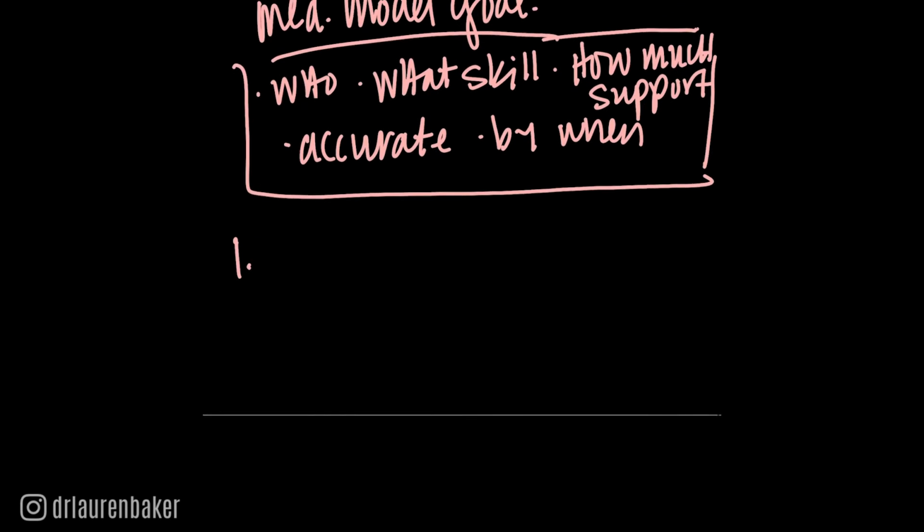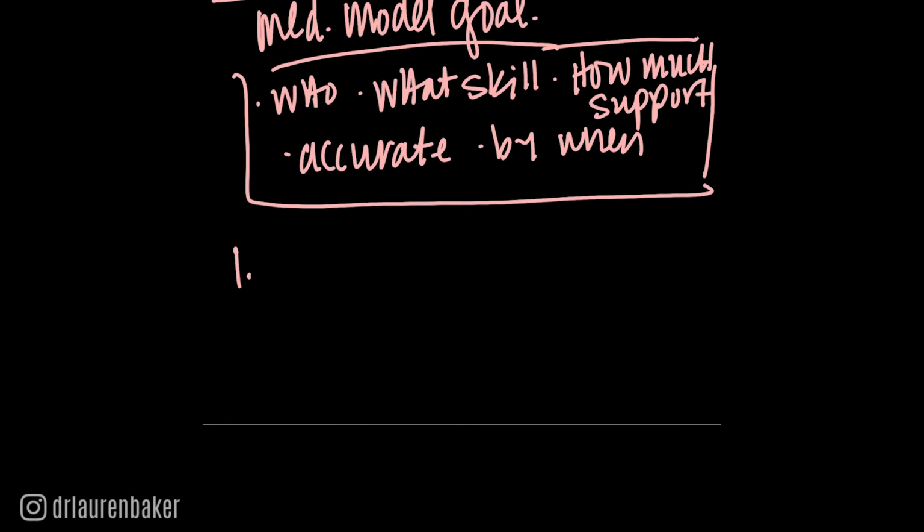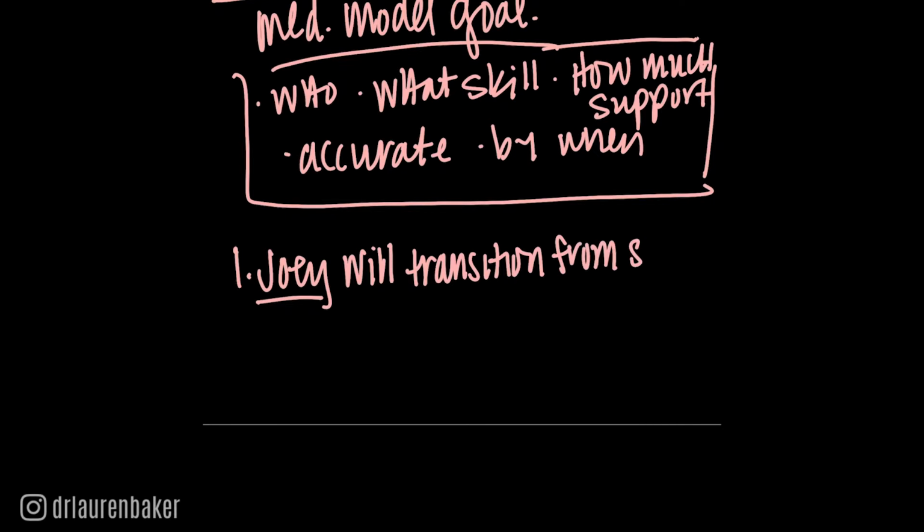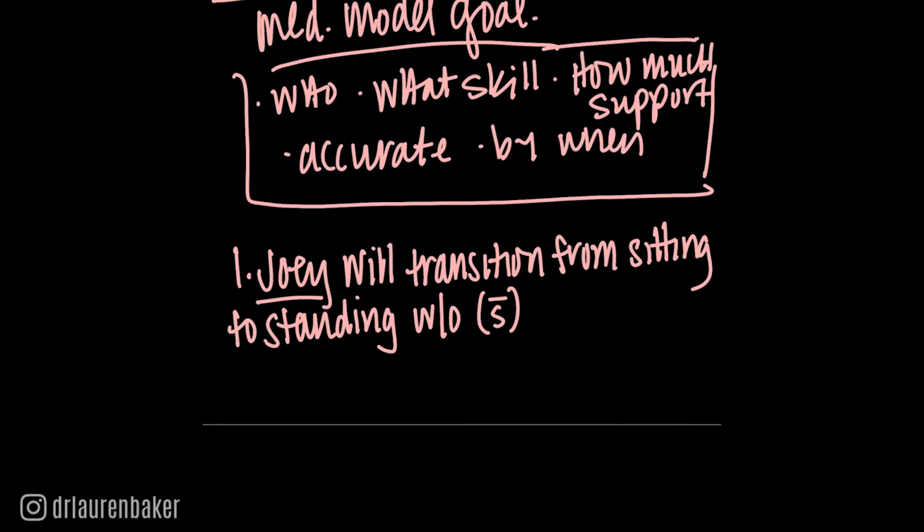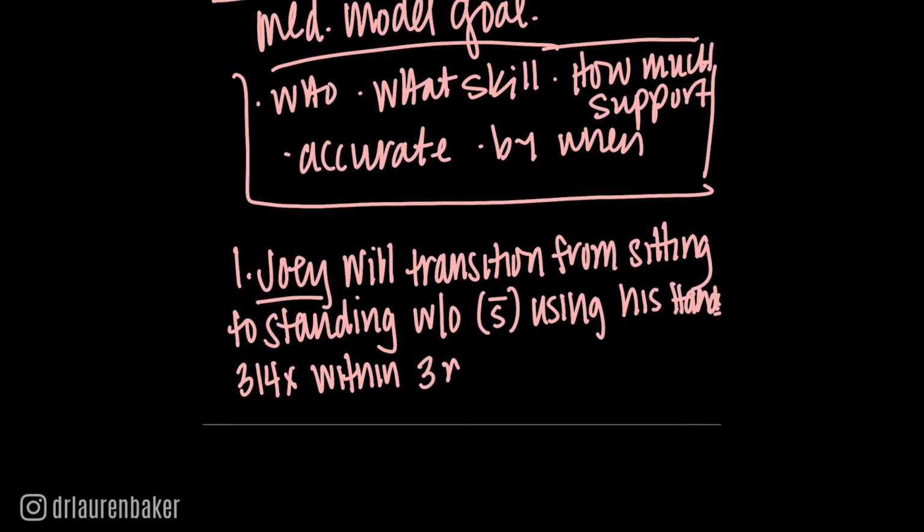So you want them to be able to do it independently. We'll just call this little boy Joey, for example. Joey is who, the skill is transition from sitting to standing without using his hands 3 out of 4 times within 3 months.